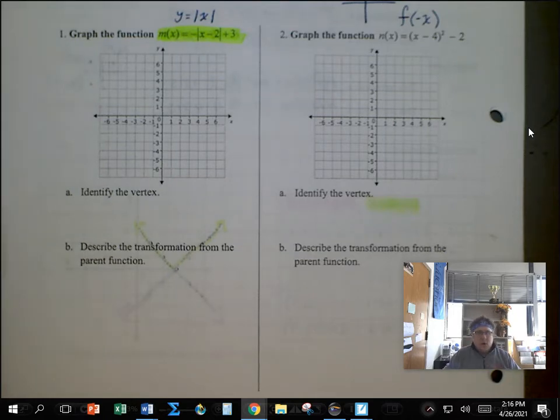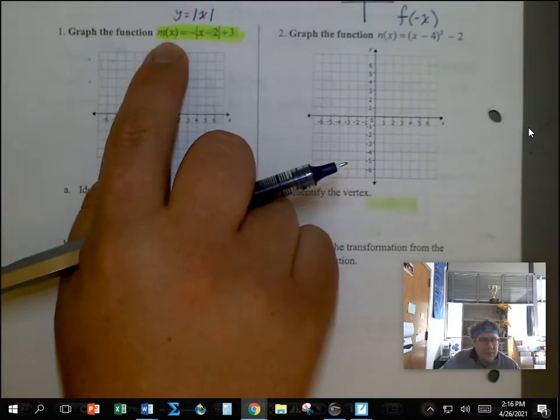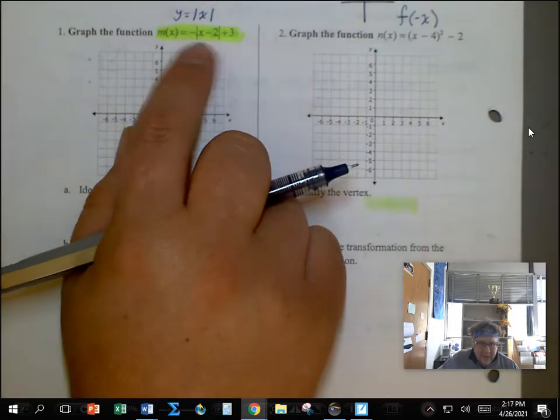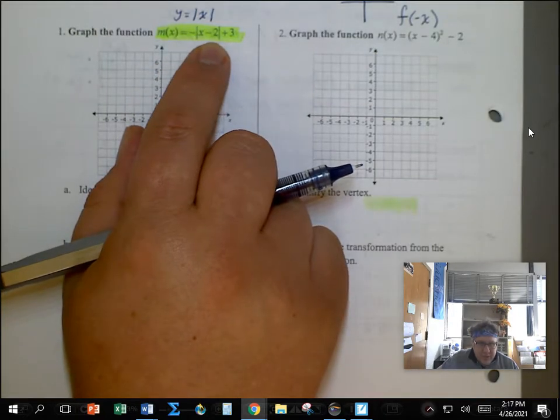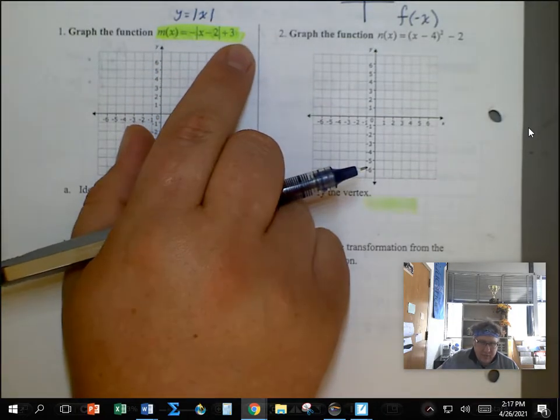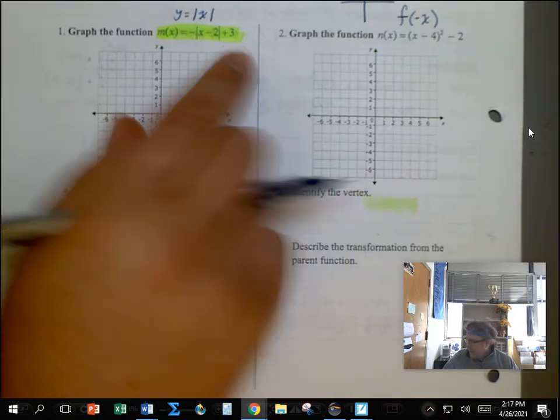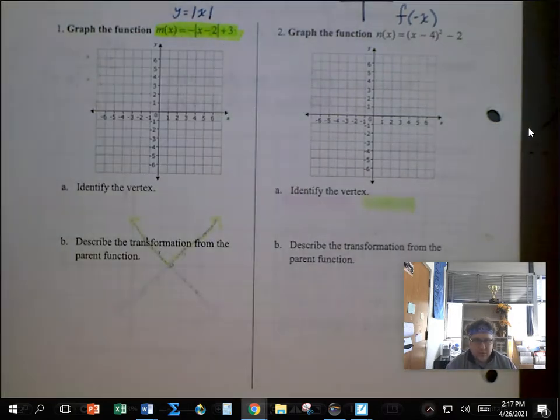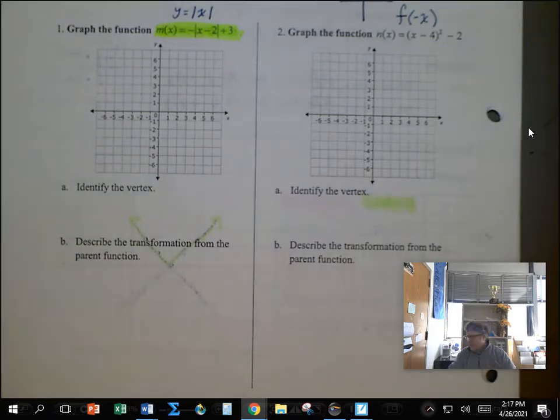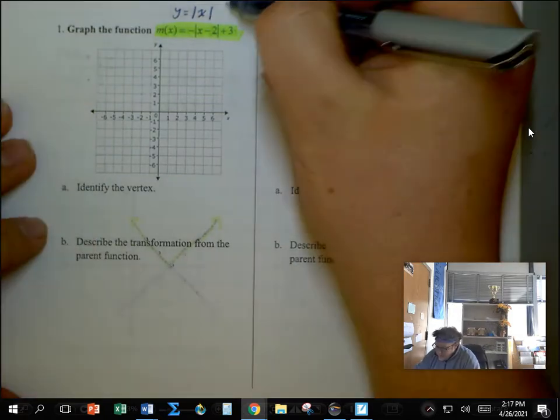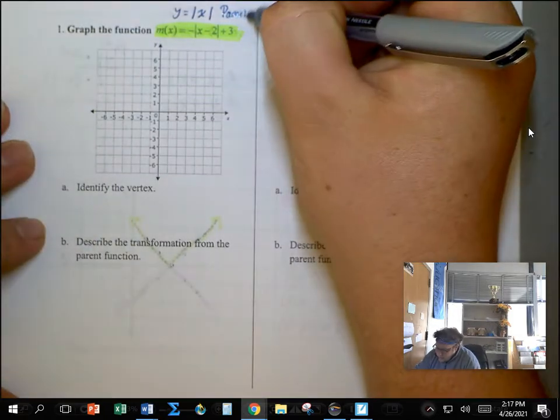So in number one, you can see that I've highlighted m of x. We have a negative sign out front, we have a -2 on the inside, and we have a +3 on the outside. So I've written y equals absolute value of x up top, just to remind myself that this is the parent function.